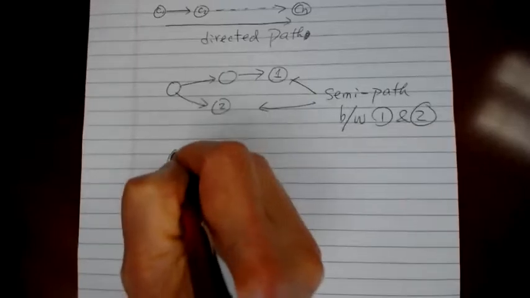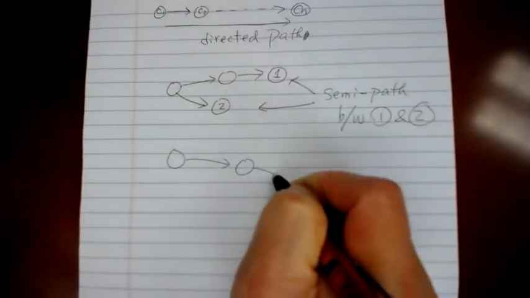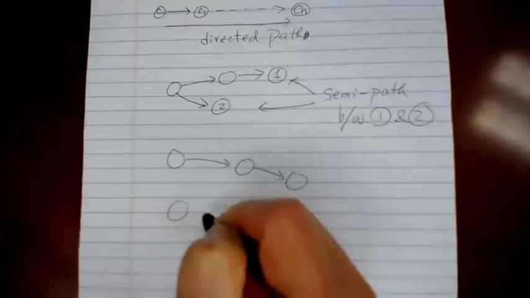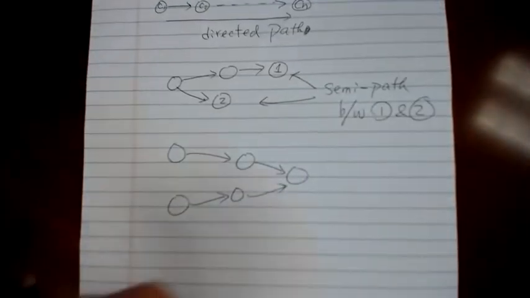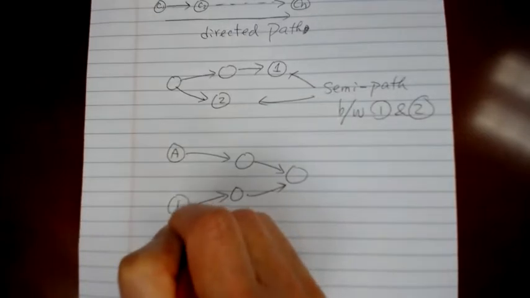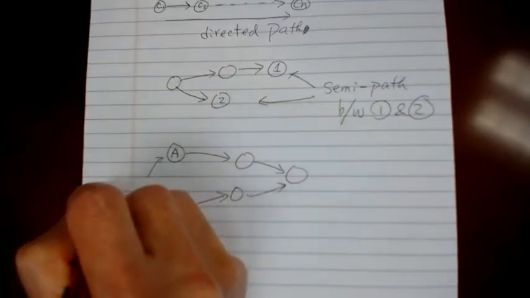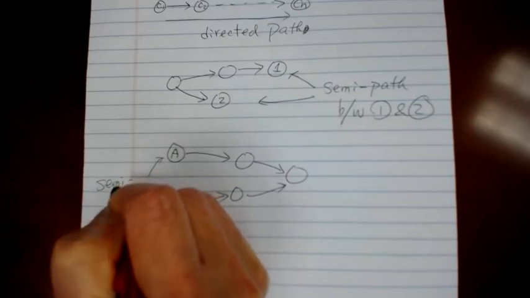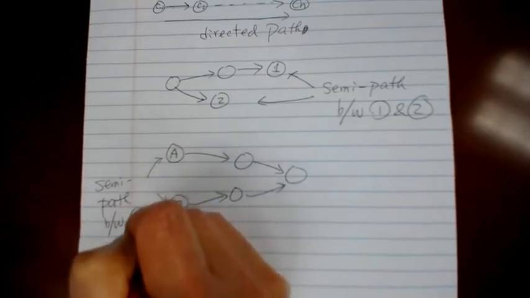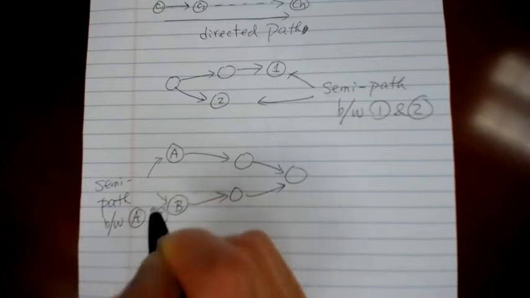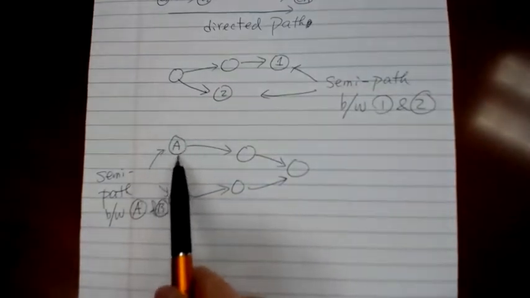And also, we may say something like this. We say, say this is node A, node B. We also have some kind of semi-path between A and B. Why is there a path between A and B?